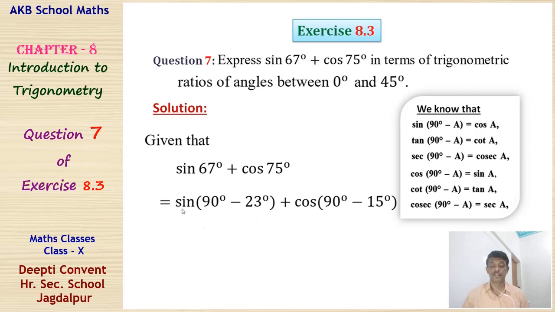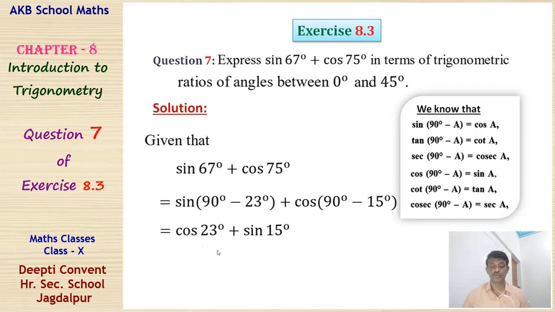And here cos(90 minus 15) equals sin A, so we get sin 15. That's why we get cos 23 plus sin 15.